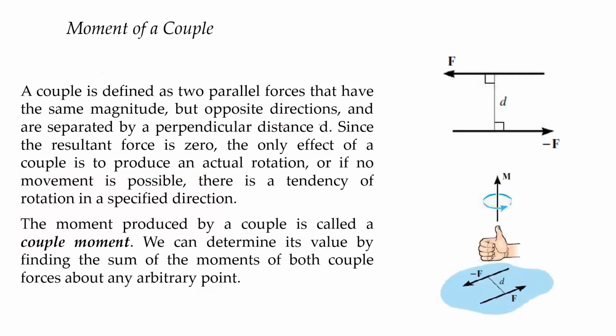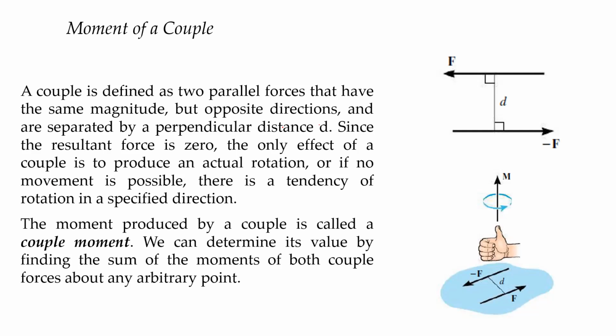So next would be the moment of a couple. A couple is defined as two parallel forces that have the same magnitude but opposite directions and are separated by a perpendicular distance d. Since the resultant force is zero, the only effect of a couple is to produce an actual rotation, or if no movement is possible, there is a tendency of rotation in a specified direction, right?